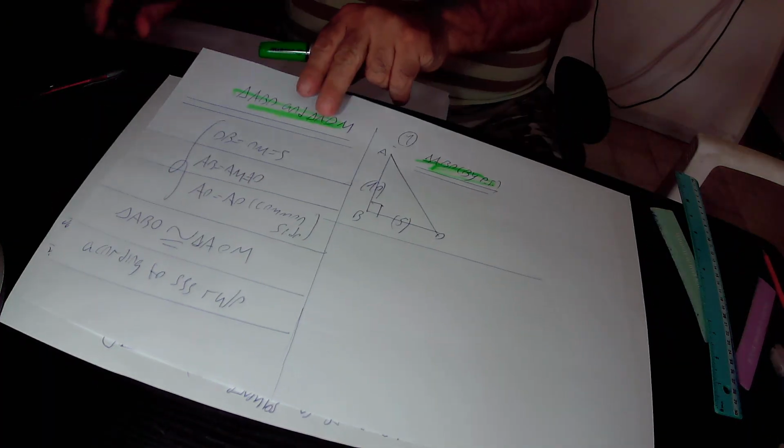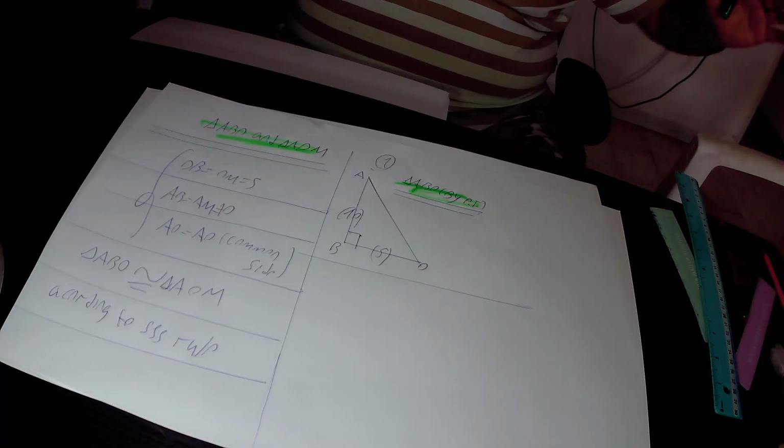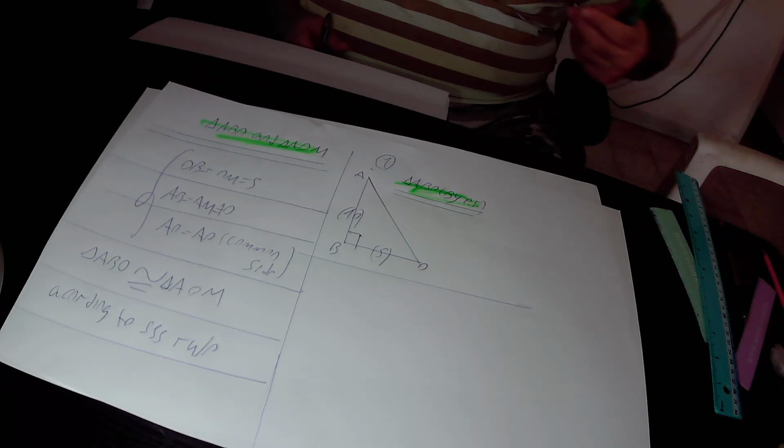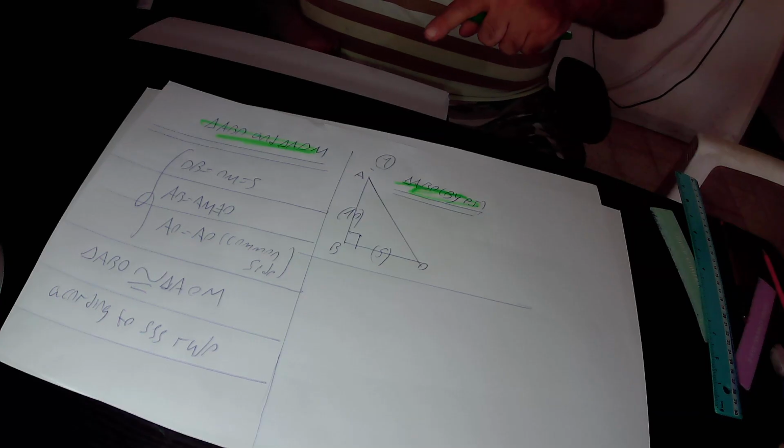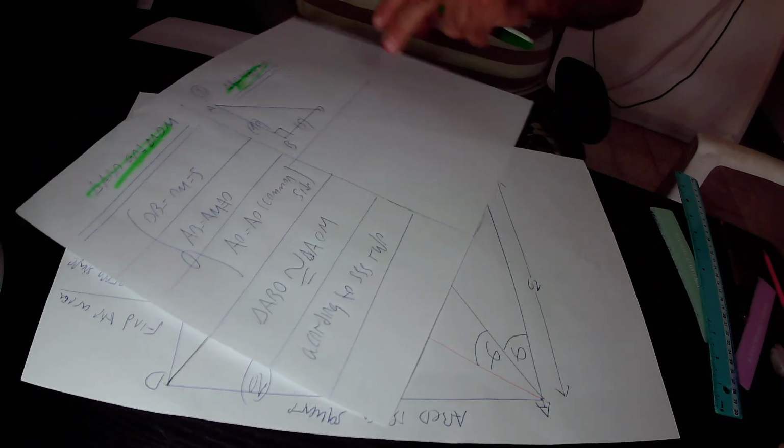So actually, this is the right triangle ABO that I got from the original drawing. In this right triangle ABO, AO squared, that is the square of the hypotenuse, equals AB squared plus BO squared. So write it down.